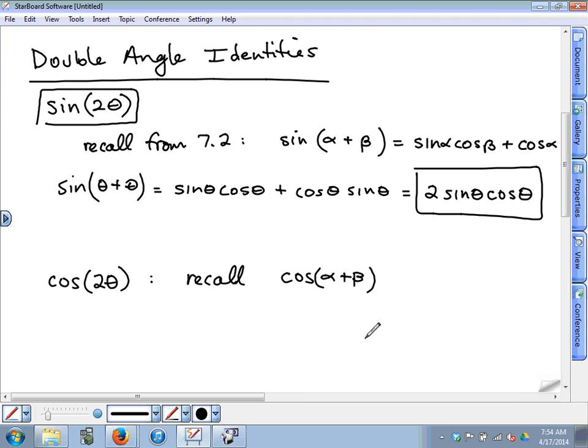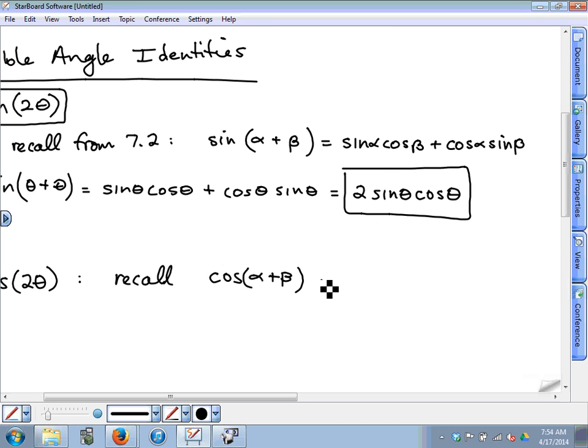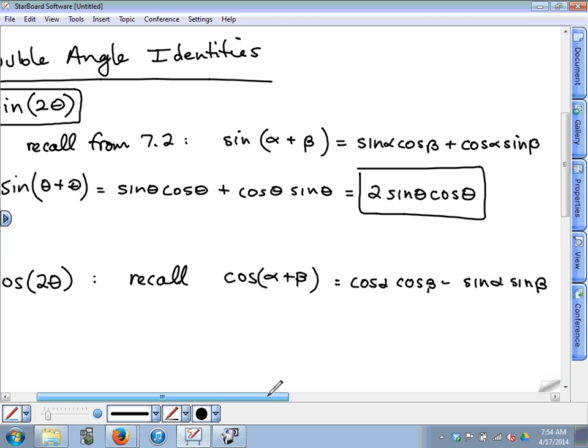It was cosine, cosine, sine, sine. Now you remember we had to change the plus to a minus as well. That was the other difference. So this would have been cosine alpha, cosine beta, minus sine alpha, sine beta. That's for the sum of 2 angles.